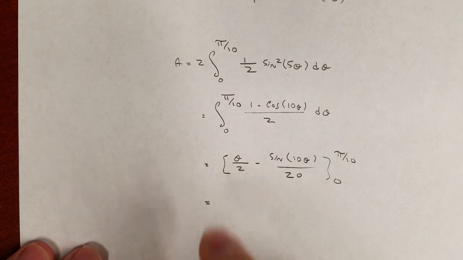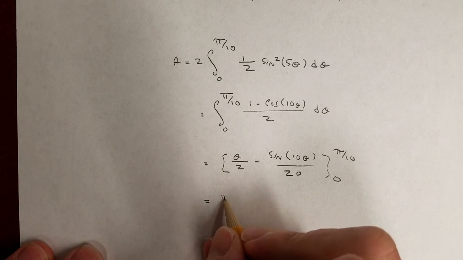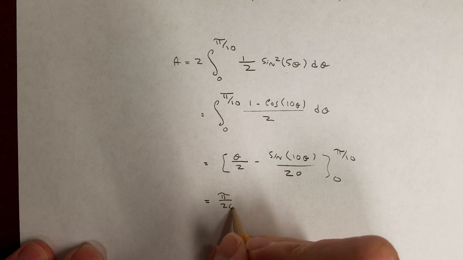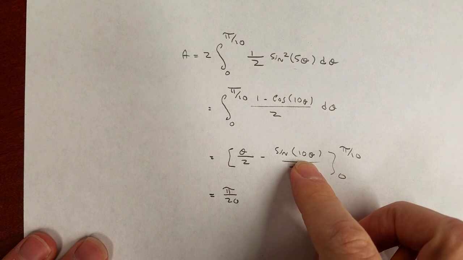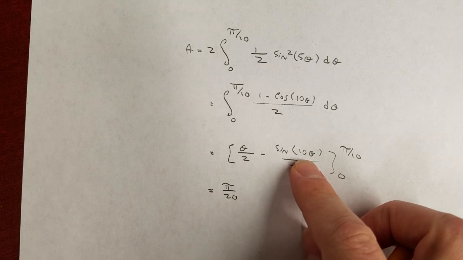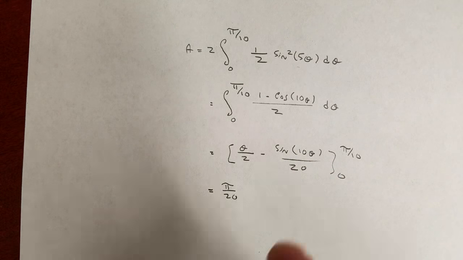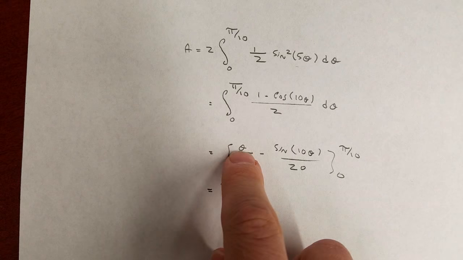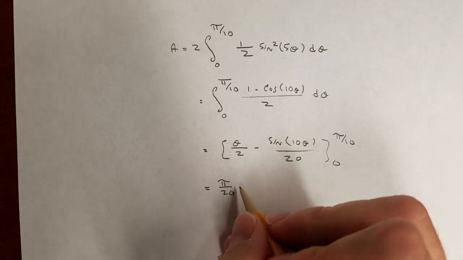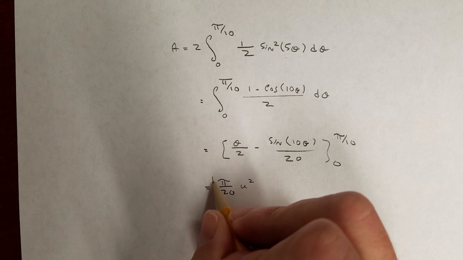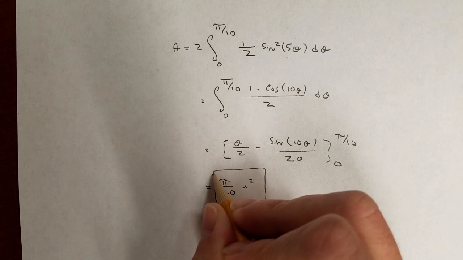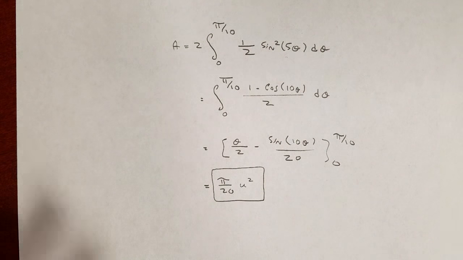Pi over 10 gives me pi over 20. Pi over 10 there times 10 gives me pi. Sine of pi is 0. And then 0 here, and here gives me 0. It's just pi over 20. Pi over 20 square units. Not very big. Like 3 over 20.